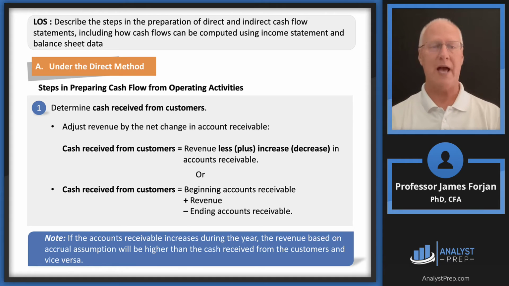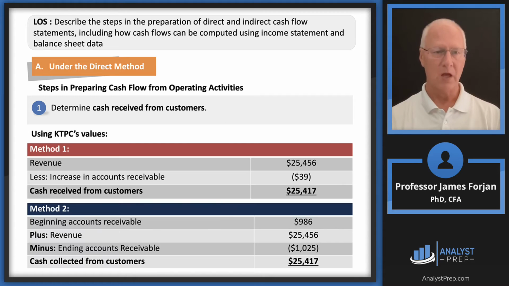So let's determine cash received from customers. We can do this one of 2 ways, and both are super easy. Start with the revenue and then subtract the increase in accounts receivable. There's the 39, and you get 25,417.